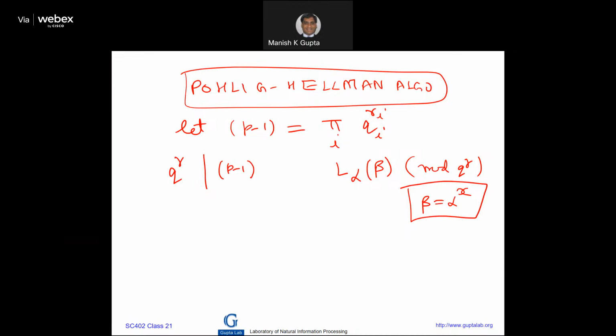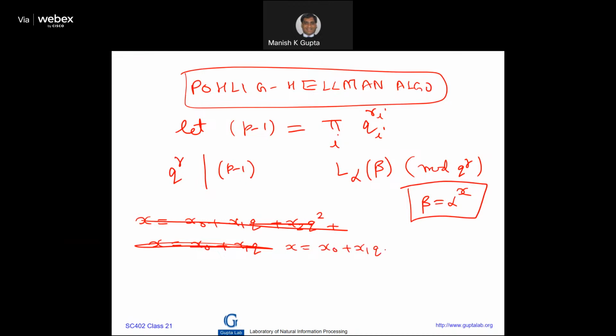I assume that x is something like this: x is equal to x naught plus x1 q plus x2 q square, and keep on going, each xi between 0 and q minus 1. Suppose x has this kind of expansion.